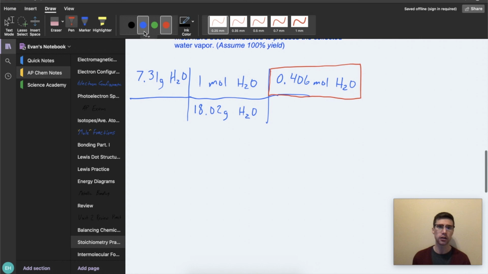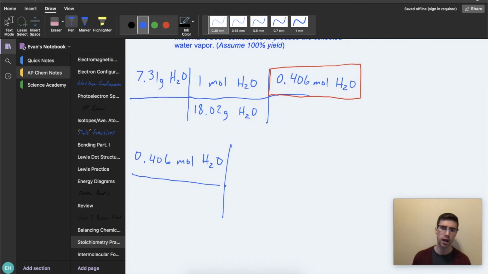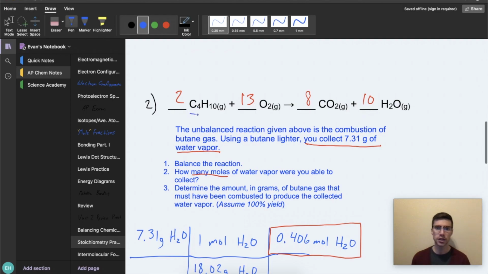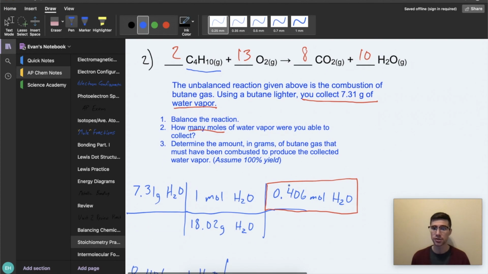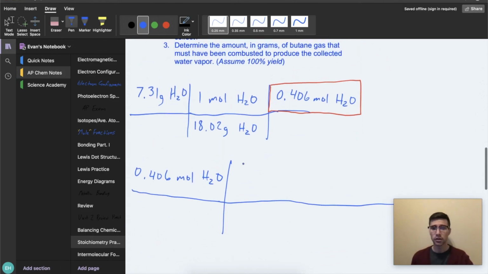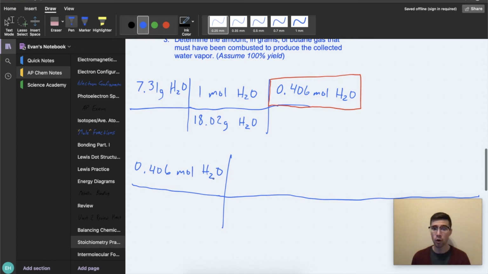Again, we're starting with 0.406 moles of H2O. But what we want to know is how many grams of butane, or how many grams of this C4H10 did we actually have to use to get 0.406 moles of water? Well, just like always, I'm going from one substance, right?